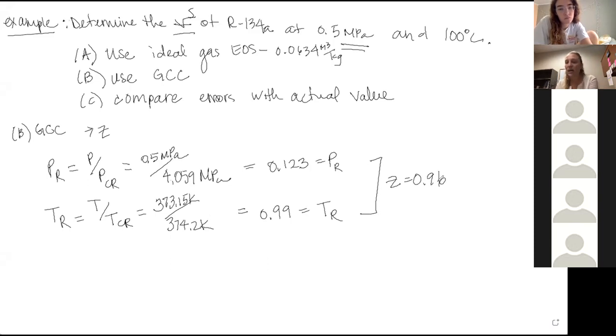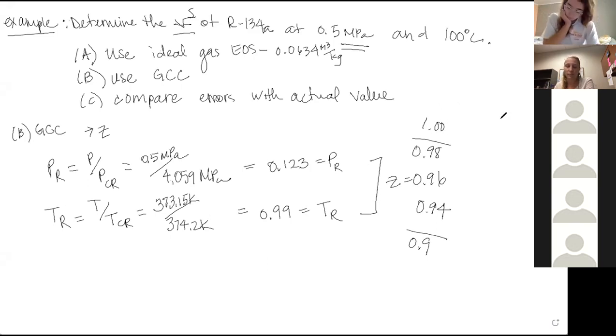Did anybody not understand how I got that? If you're a little off, like if you got 0.94 or 0.98, that's fine. But if you are below 0.9, then you didn't do it right. If you are above 1, that wouldn't happen, and it doesn't make sense.